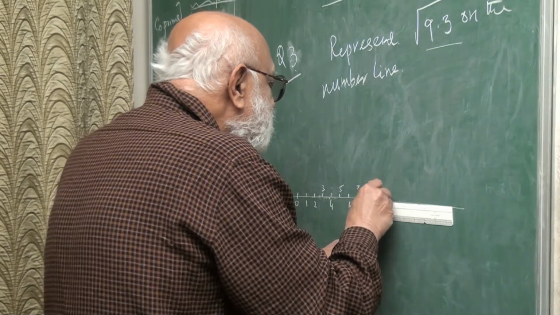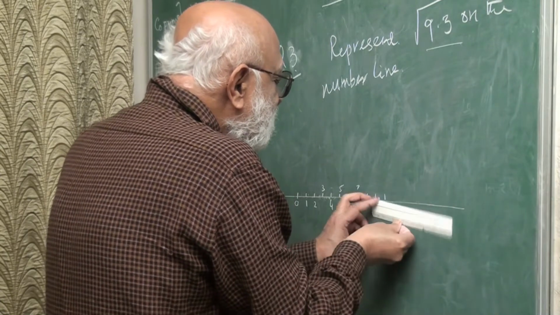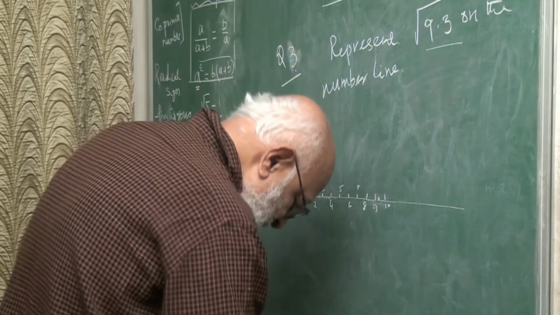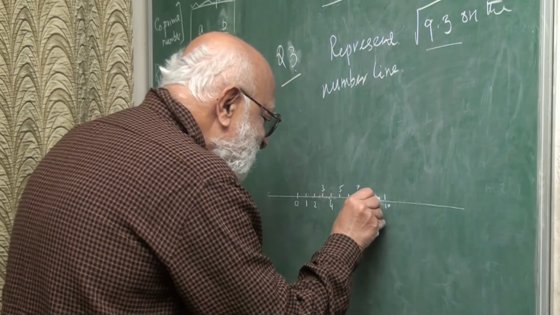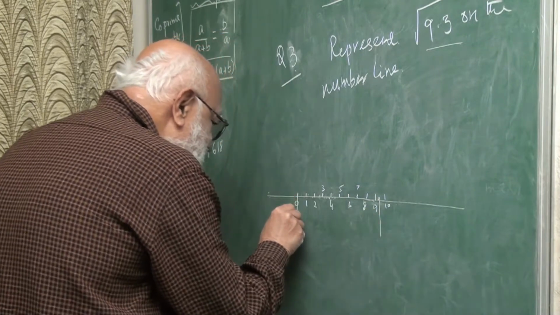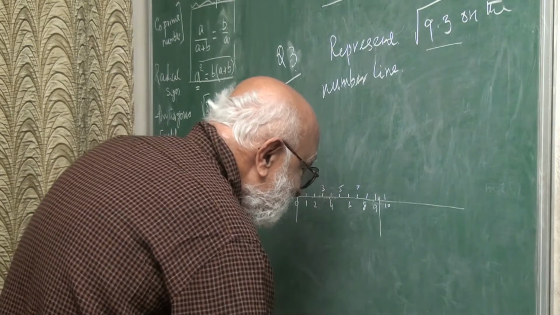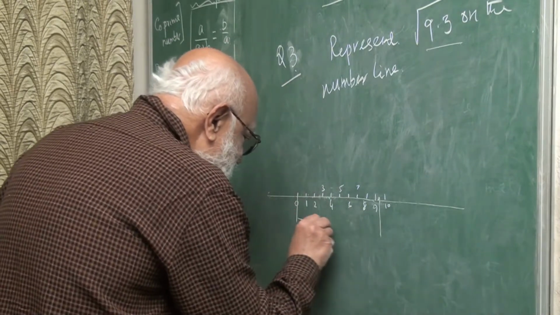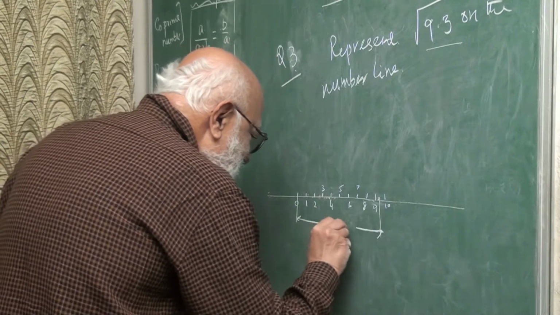So this is 3. To the best of my accuracy, I can get this one at 9.3. So from here to here, this is 9.3. So this is first what I have done. I have taken 9.3.